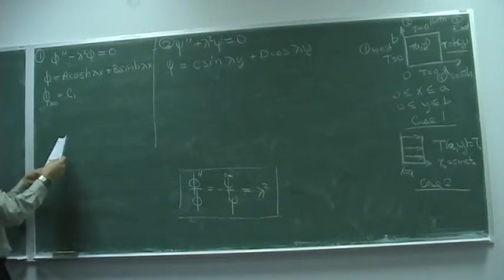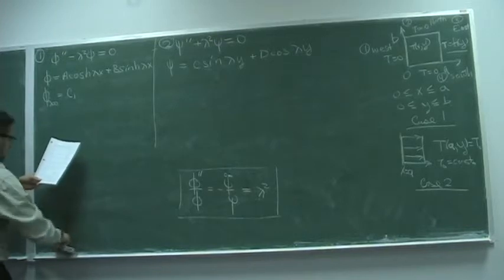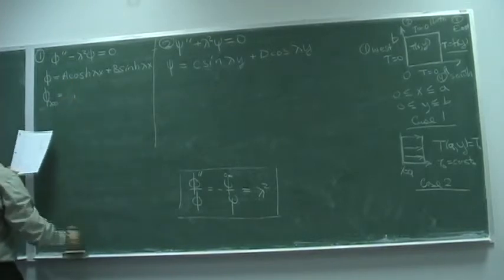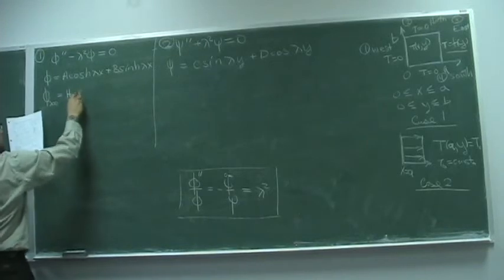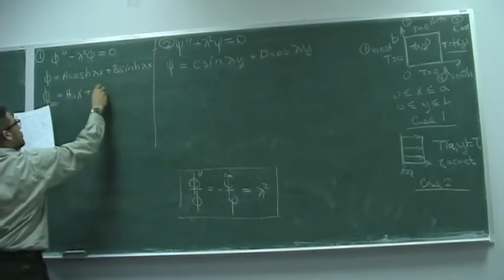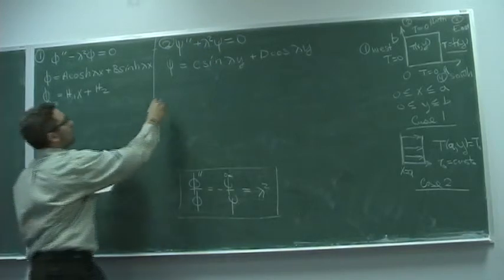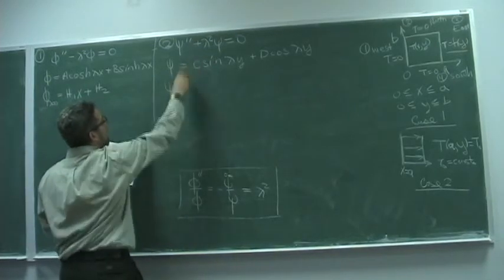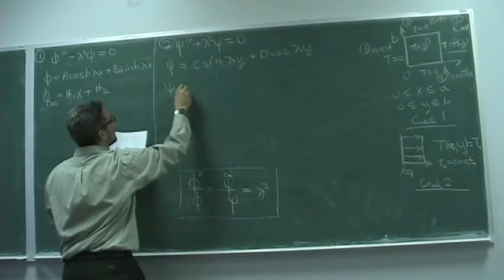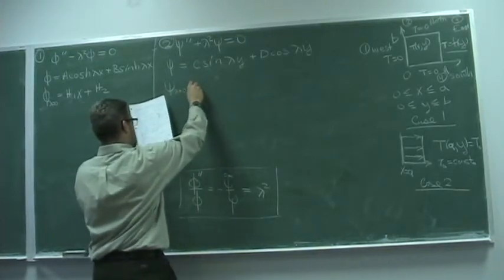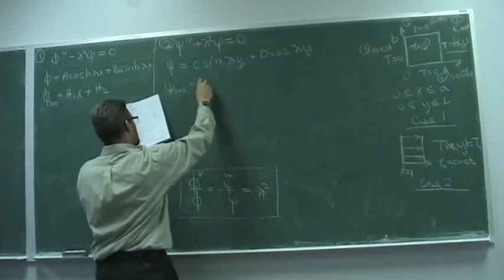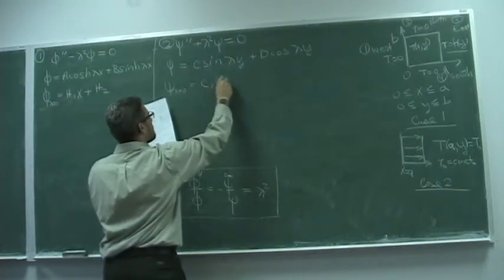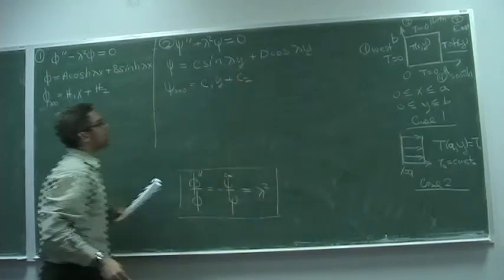Let me make sure I'm being consistent with the nomenclature I have. I call it H. H1 x plus H2. And over here, if we let lambda equal 0, we get basically the same thing, I used C. So C1 y plus C2.